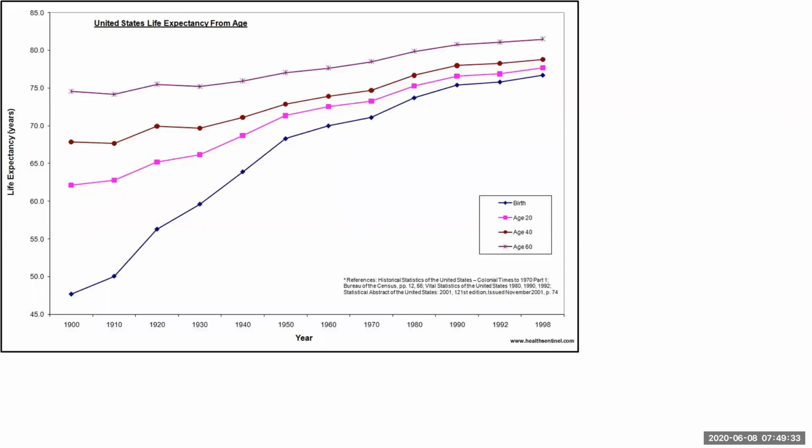Here is another real data set, United States life expectancy by age. You have the years on the x-axis and the life expectancy in years on the y-axis, and this is the key to this data set. These colors represent specific things.